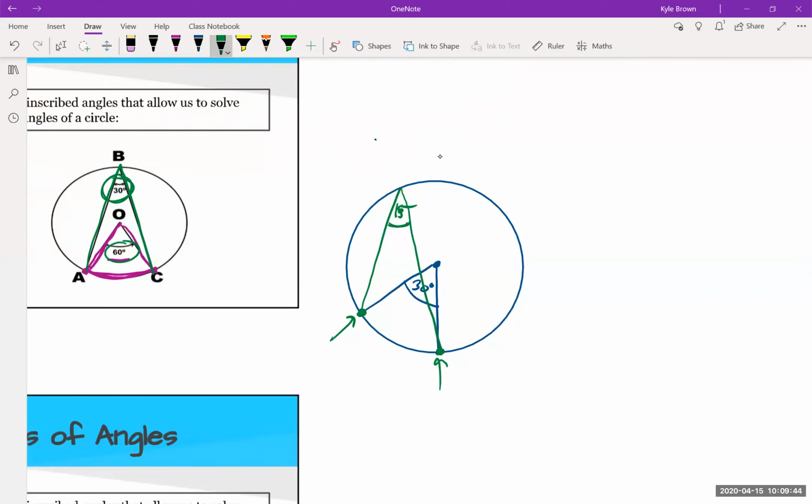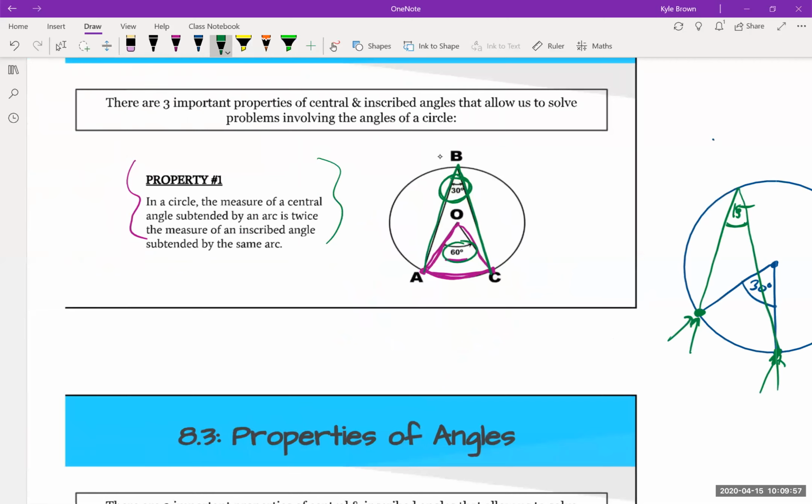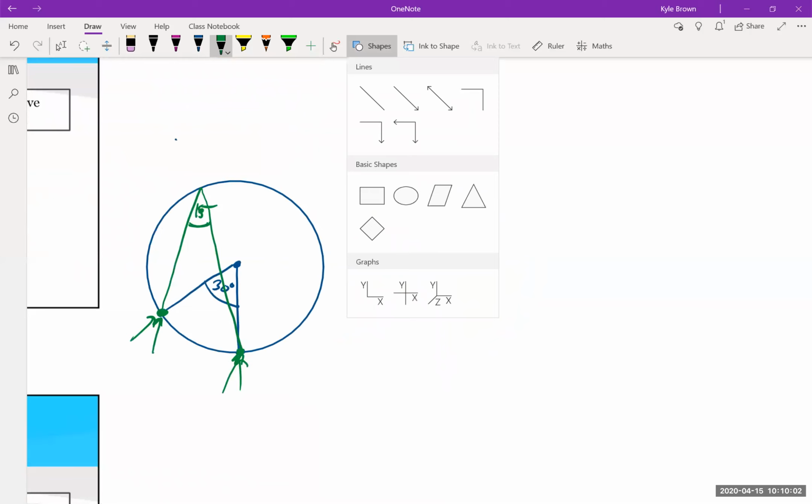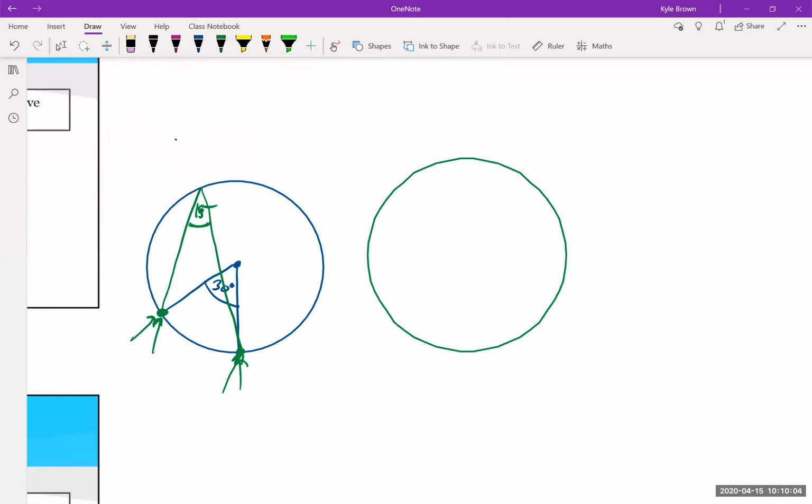The hardest part about these ones is actually just seeing it, I think. Because you have to notice that these legs are the same for both of those angles. But just look back to your notes, look back to these properties and see if you can make sense of them. The other one that can be a little bit tough sometimes would be if the circle was upside down, I find.